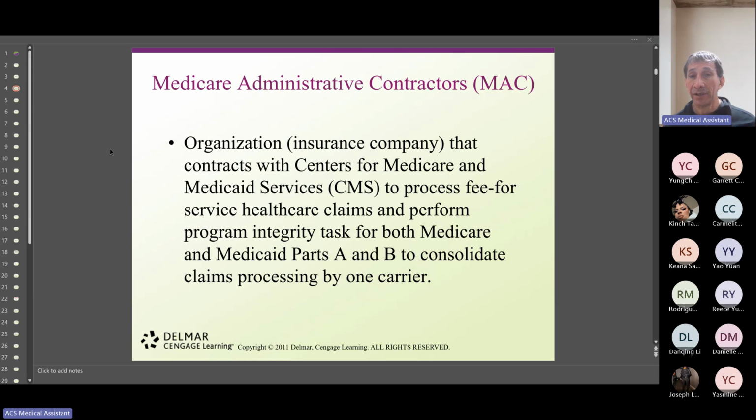If you have a relative who is 65 and older, check their insurance. It's going to say Part A, Part B. And then they may have another extra insurance, which is Part D for medications. Part C is sometimes a supplemental insurance, so that will be discussed later on.